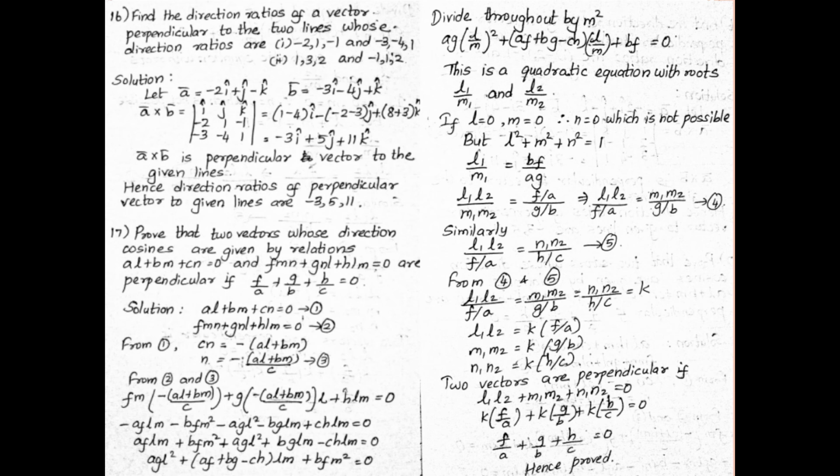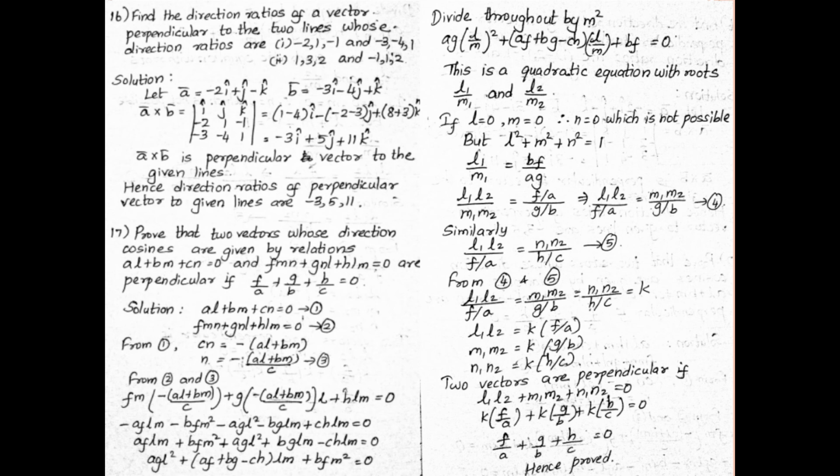Let us denote the given two vectors as a vector and b vector. So a vector is equal to minus 2i plus j minus k. B vector is equal to minus 3i minus 4j plus k unit vector. Then find out the cross product a vector cross b vector. Write in determinant form and solve. We get minus 3i plus 5j plus 11k.